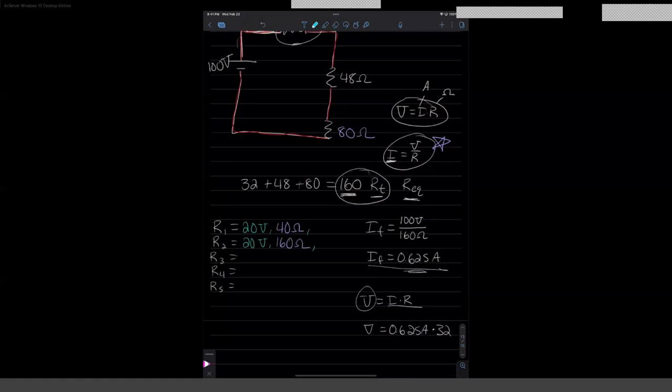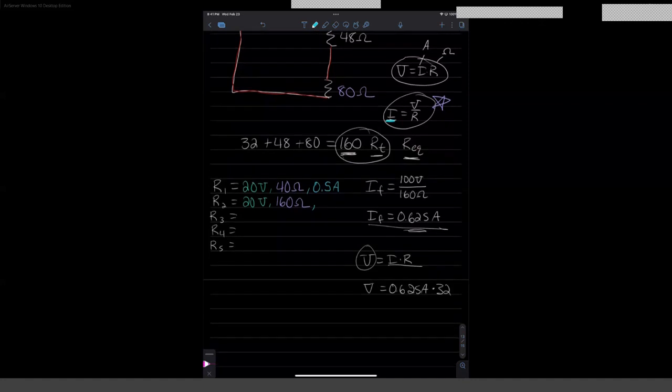Because we have a voltage and a resistance, and we want to solve for I, we just do the voltage divided by the resistance. So for this first one, it's 20 divided by 40, which is just 0.5, right? So we'd get a current of 0.5 amps. Some people would write that as 500 milliamps, right?